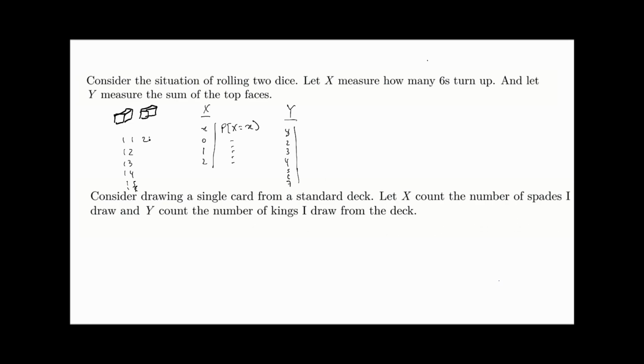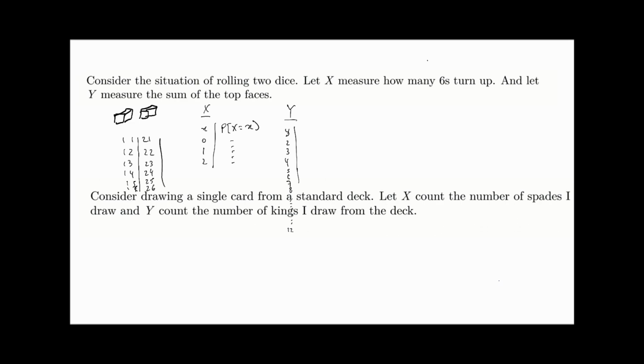And then now 2 and 1, okay, it's 3. 2 and 2 is 4. It's already accounted for. 2 and 3 is 5. 2 and 4 is 6. 2 and 5 is 7. 2 and 6 is 8. Okay? And you could go on, and you will have the sum up until 12.